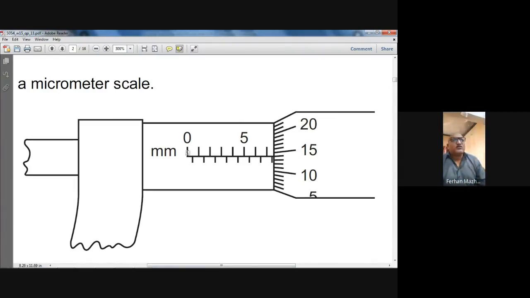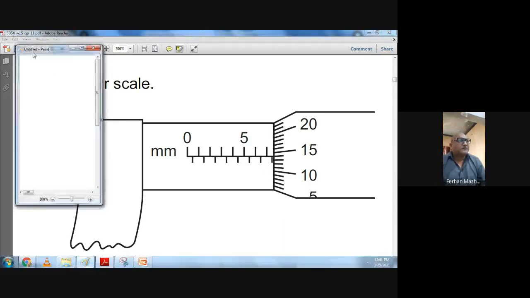I can count, this is 0, this is 5, so 1, 2, 3, 4, 5, 6, 7. So 7 on the horizontal scale, this circular scale has crossed 7, and this is 7.5. So on your copy, note down 7.5.